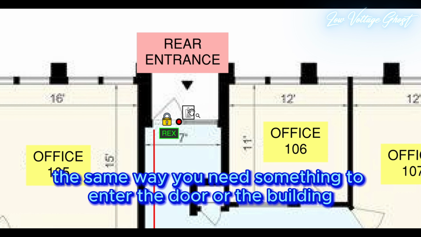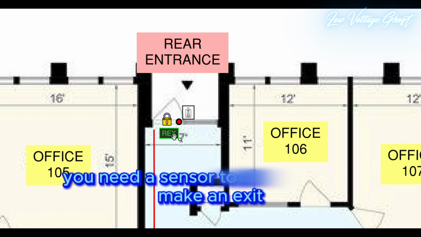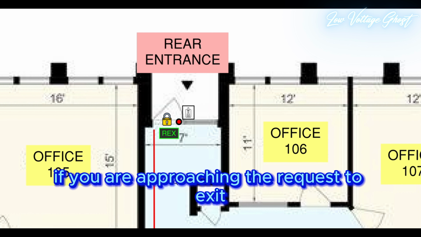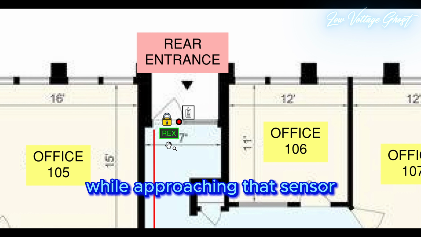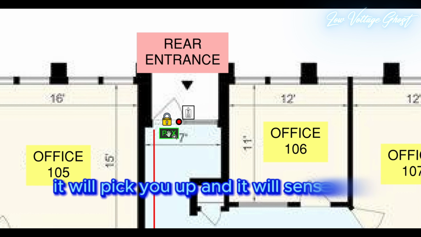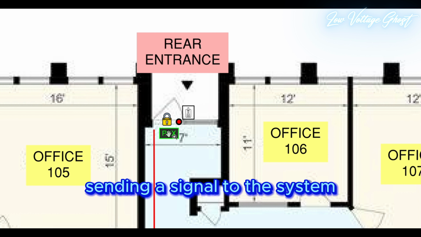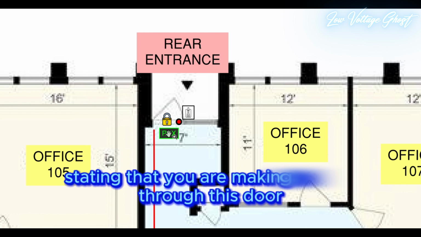The same way you need something to enter the door or the building, you need a sensor to detect you making an exit. If you are approaching the request to exit, which is a motion detector device, it will pick you up and sense you, sending a signal to the system stating that you are making an exit through this door.